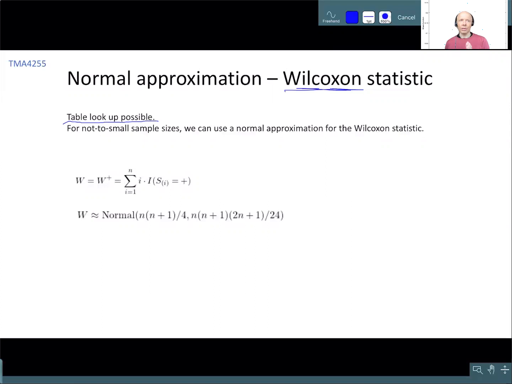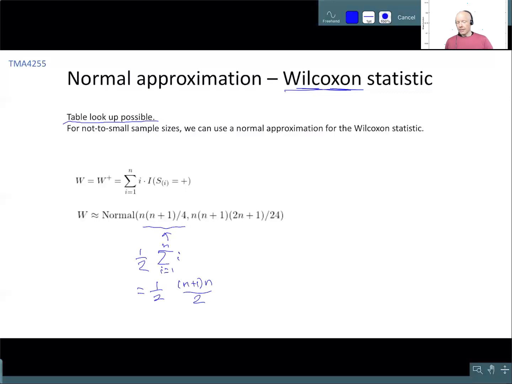In this case, not only the binomial, but now it's rank sums. So here, for instance, for the mean, this is actually the sum like this, which is half, and then n(n+1)/2. So that's what we get for the mean.